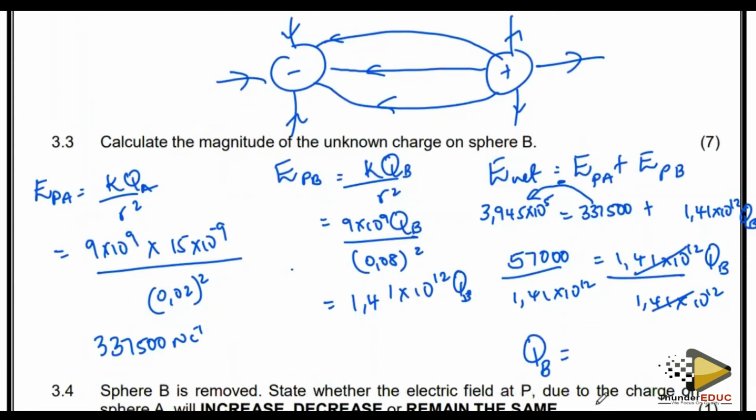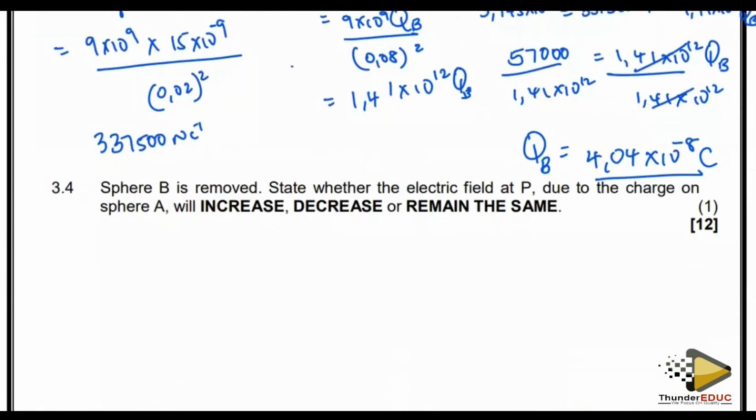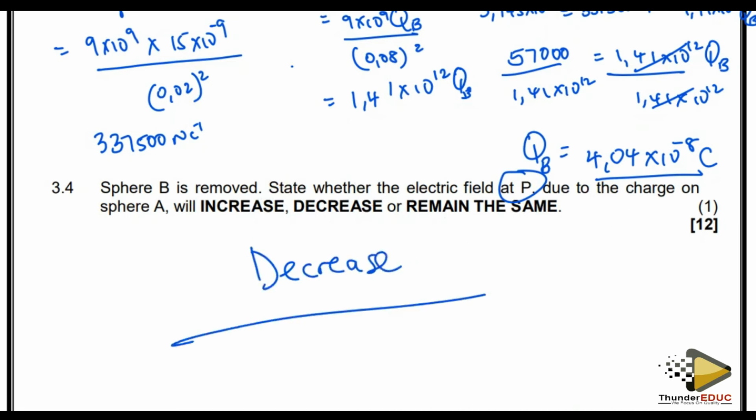So the charge on B, I'm having 4.04 times 10 to the negative 8. Guys, that's that. Then they're telling us that sphere B is removed. State whether the electric field at P due to the charge A will increase, decrease, or remain the same. Since B is removed, it was having an effect on the net electric field at P. If it's removed, automatically it's going to decrease.